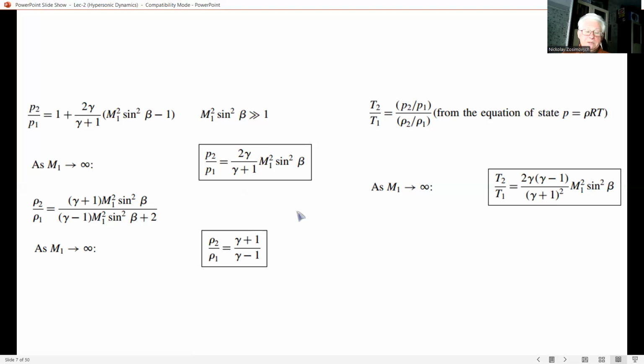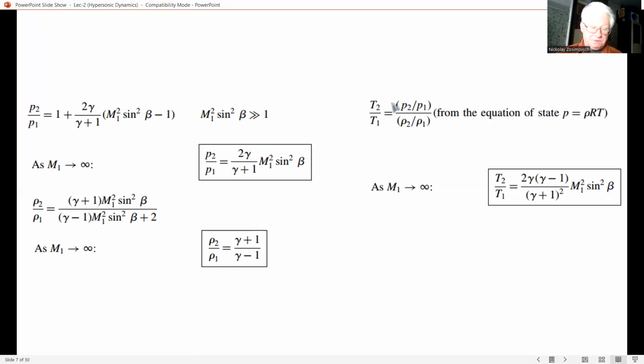In a similar way, the density and temperature ratios are as follows, as you can see here. If M1 goes to infinity, rho2 over rho1 will approach gamma plus 1 over gamma minus 1. Analogically, the same situation holds for temperature, T2 over T1.